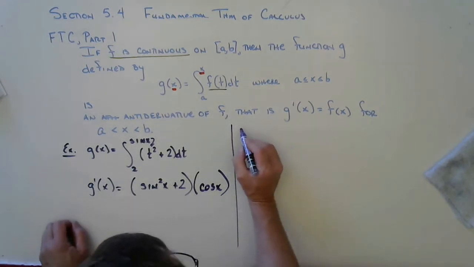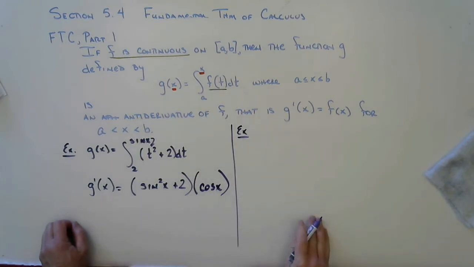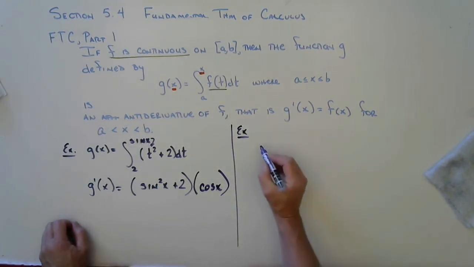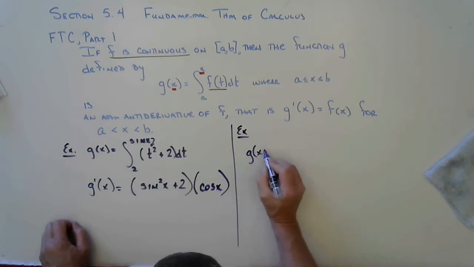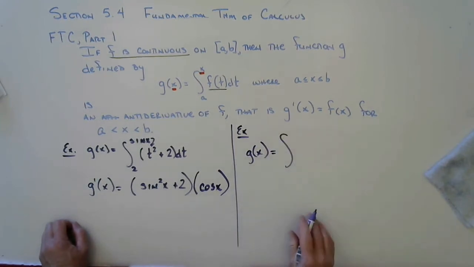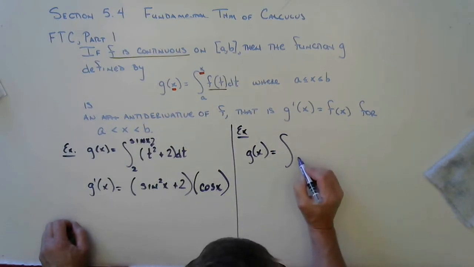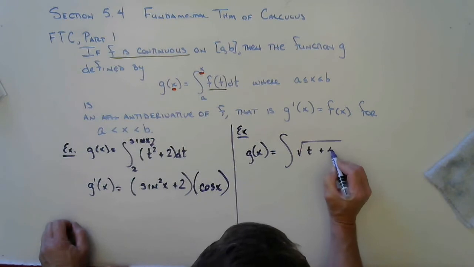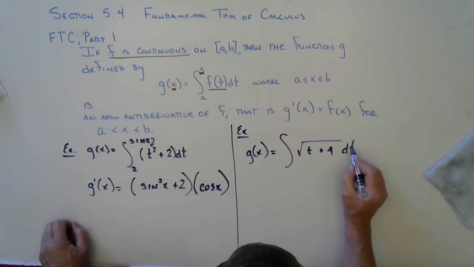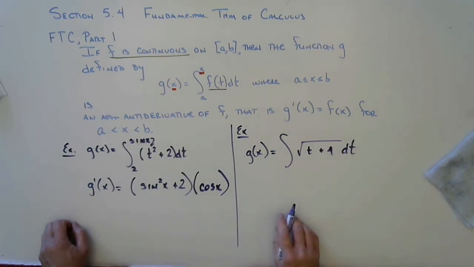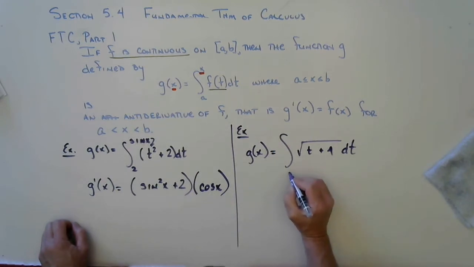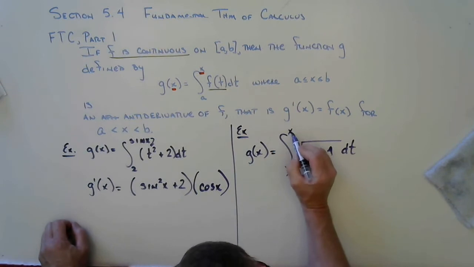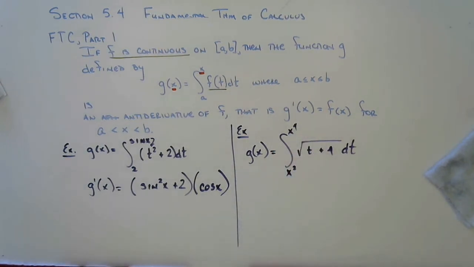Now what I'm about to do right now is the worst case scenario. It's absolutely the worst case scenario. What happens if they give me a function, g of x equals, I integrate, maybe I have right here the square root of t plus 4 dt, but my bounds are x squared and x to the 4th.